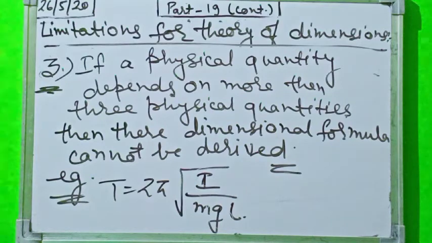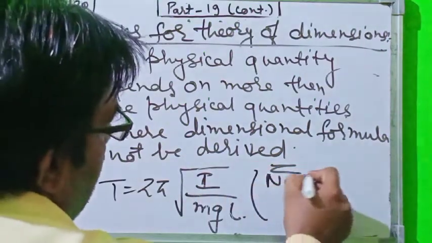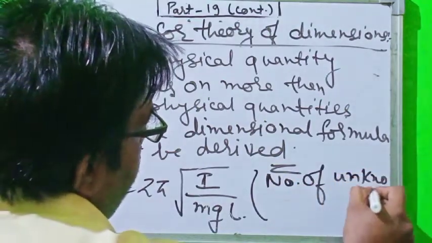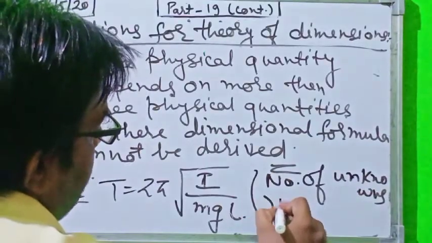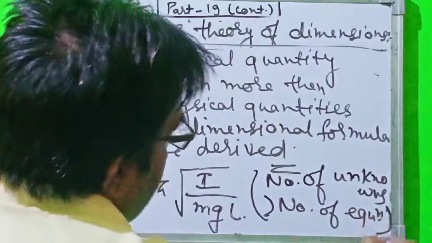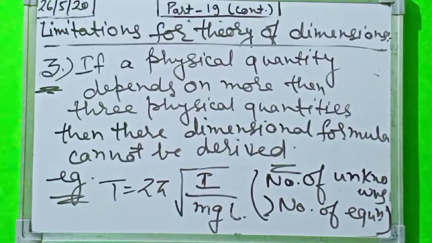Number of unknowns is greater than number of equations. So we can't derive the dimensional formula by the help of dimensional analysis in this case.